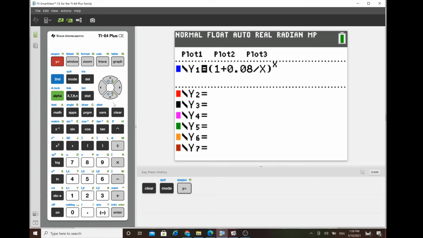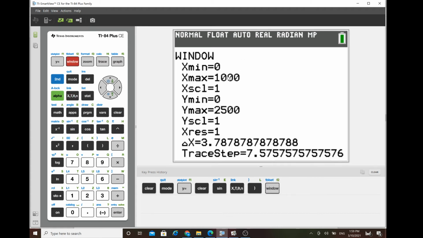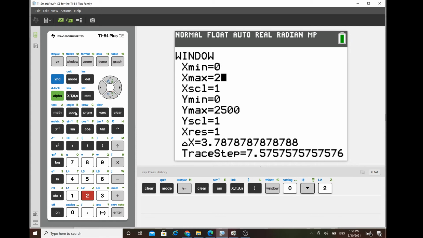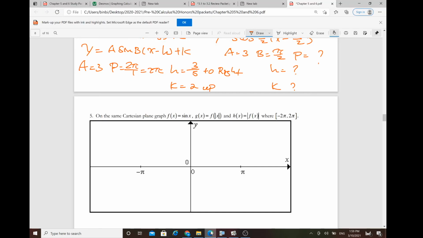So start with the parent function, sine of x, obviously that's a roller coaster. And then also change the window, so instead of all the way from 0 to 1000, let's put it into the standard scale. So 0 to 2 pi. Okay, let's just make sure that what we got for the instruction here is negative 2 pi to 2 pi, excuse me.